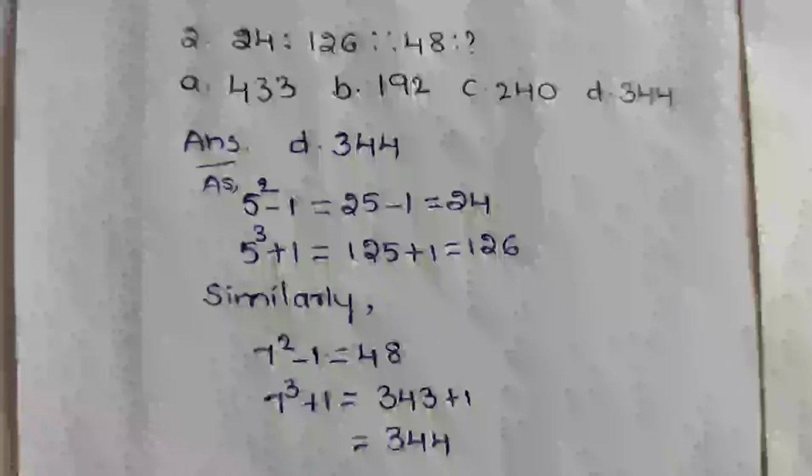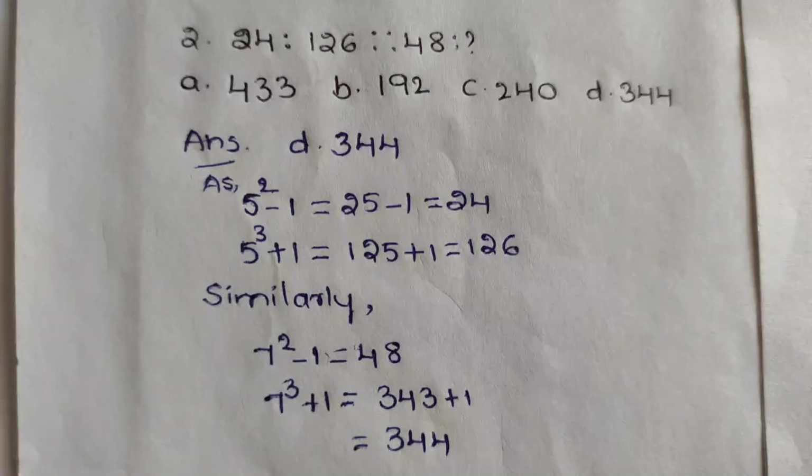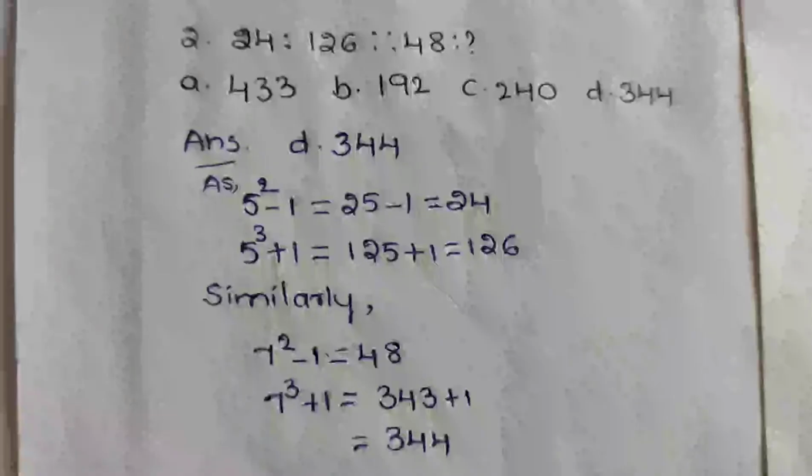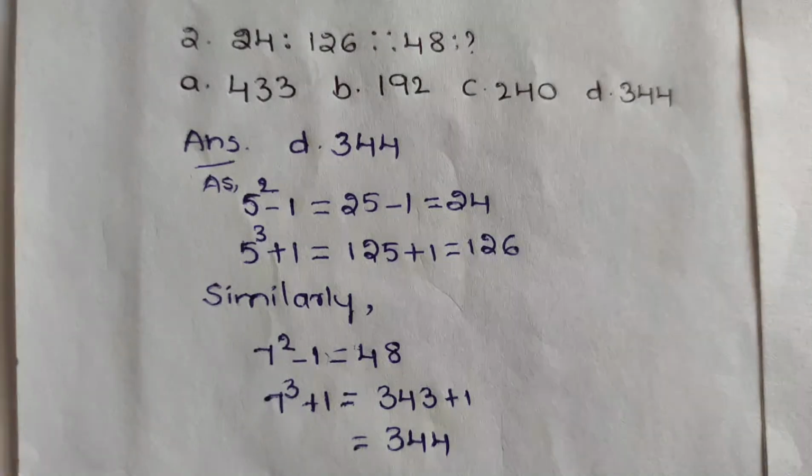Now we have to find out x cube plus 1, which is 7 cube plus 1. 7 cube is 343, and if we add 1 to 343 it will become 344. So the answer is option number D, which is 344. I hope you have understood the solution.